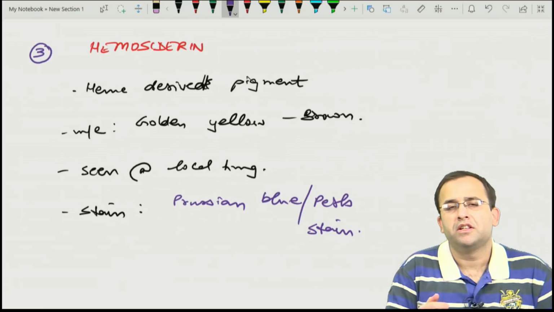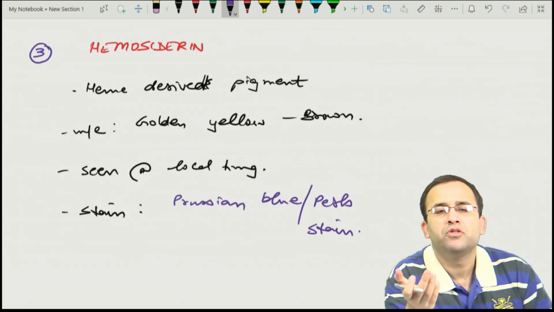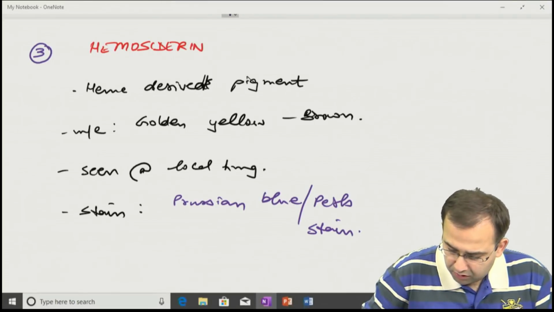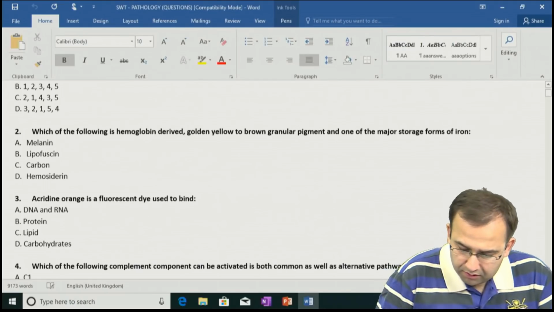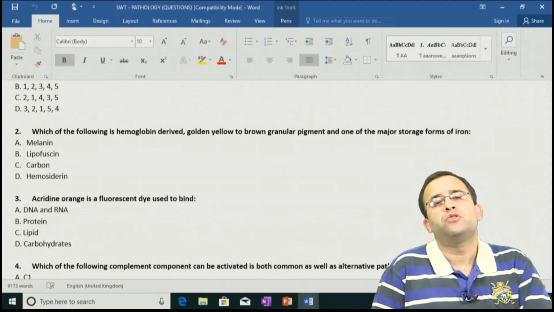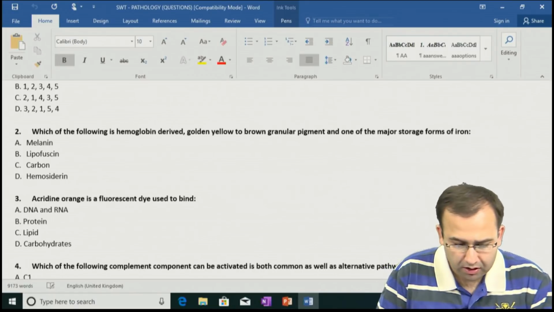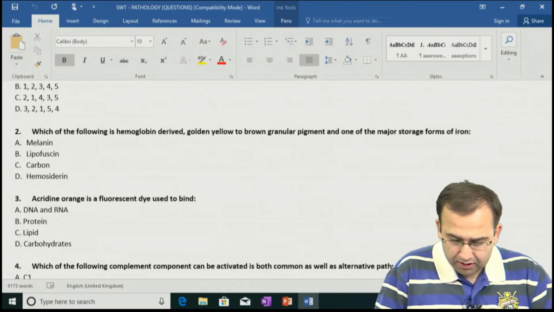This is the one which is associated with the storage, so ferritin forms hemosiderin granules. So this was the question, which is hemoglobin derived golden yellow to brown and major storage form of iron, that is hemosiderin. Next, this gets us to question 3.